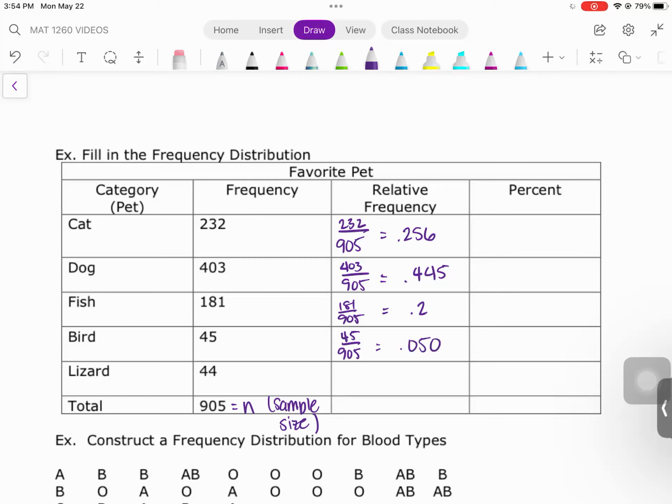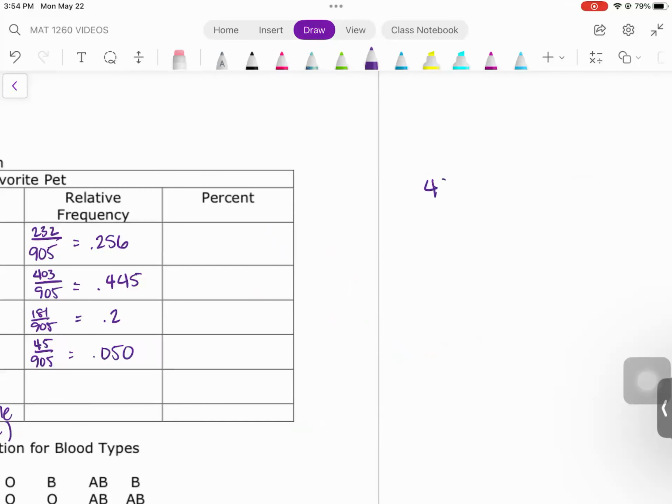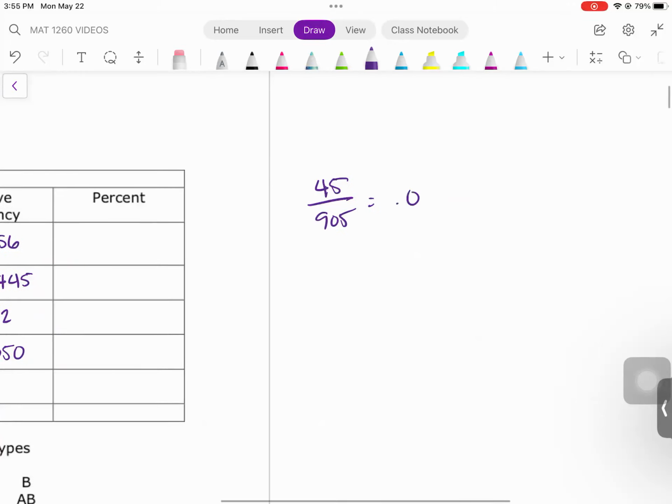I'm going to pause here real quick and talk a little bit about rounding. When we take 45 and divide it by 905, we get 0.0497236, and that probably keeps going, but this is all that my calculator is displaying currently.